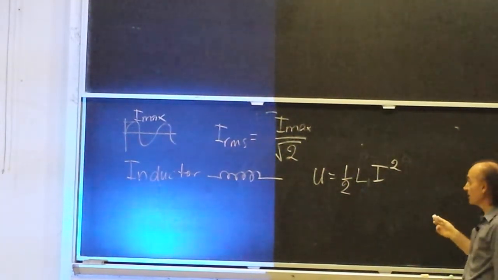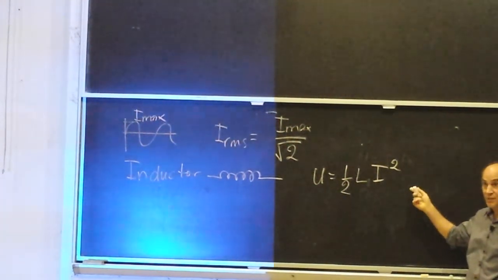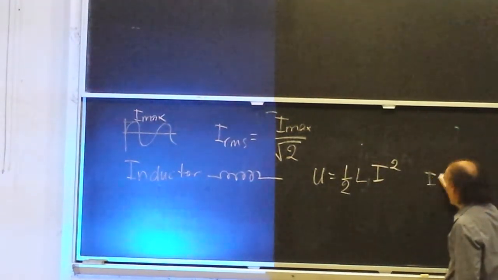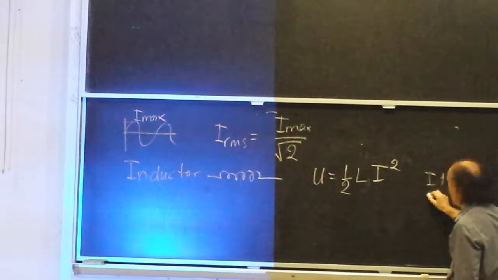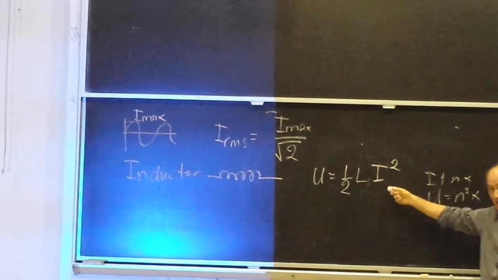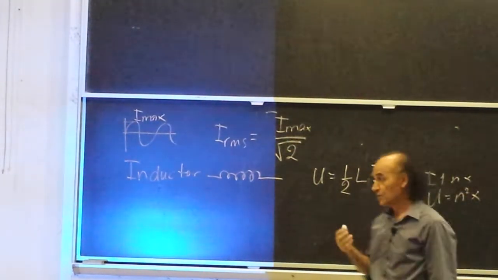So the important thing here is that energy is proportional to the square of current. If the current increases n times, then U increases n squared times. If you increase it 2 times, you are pumping 4 times more energy, and so on.